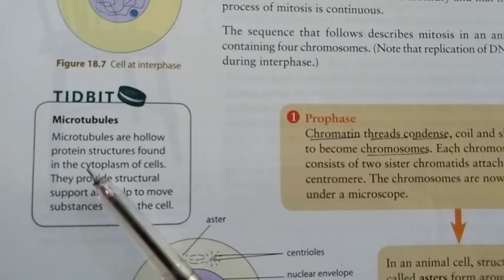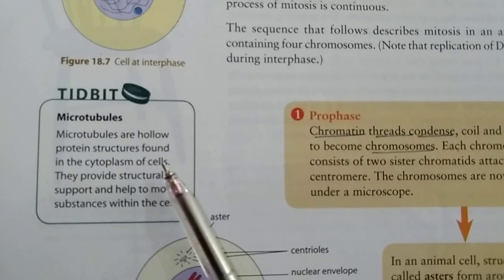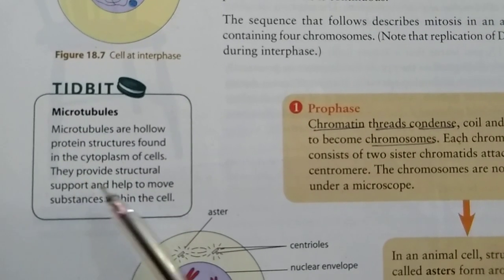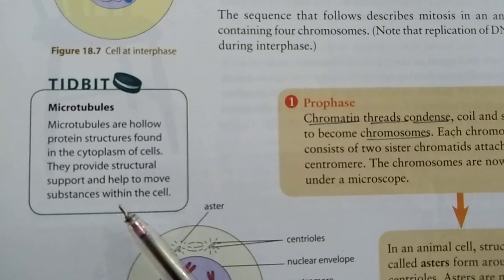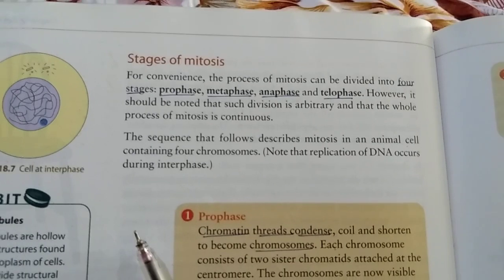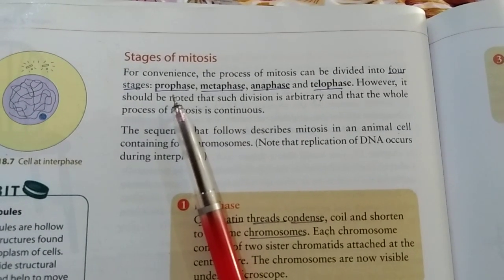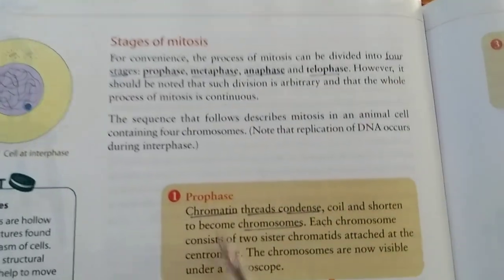Microtubules are hollow protein structures found in the cytoplasm of cells. They provide structural support and help to move substances within the cells. Now we discuss the stages of mitosis: prophase, metaphase, anaphase, and telophase.